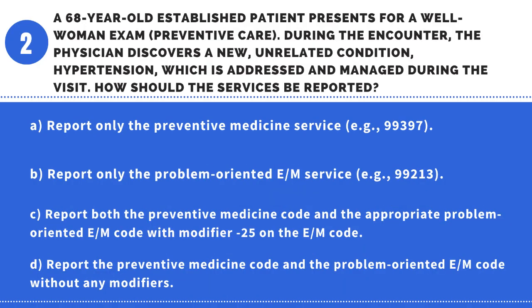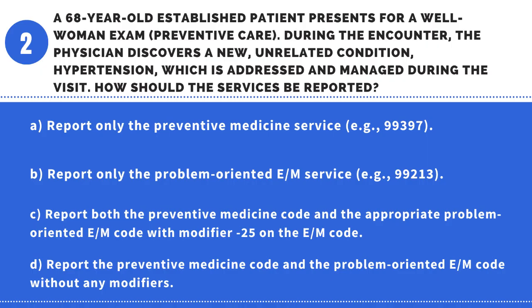Question 2. A 68-year-old established patient presents for a well-woman exam, preventive care. During the encounter, the physician discovers a new, unrelated condition, hypertension, which is addressed and managed during the visit. How should the services be reported? A. Report only the preventive medicine service, e.g., 99397.